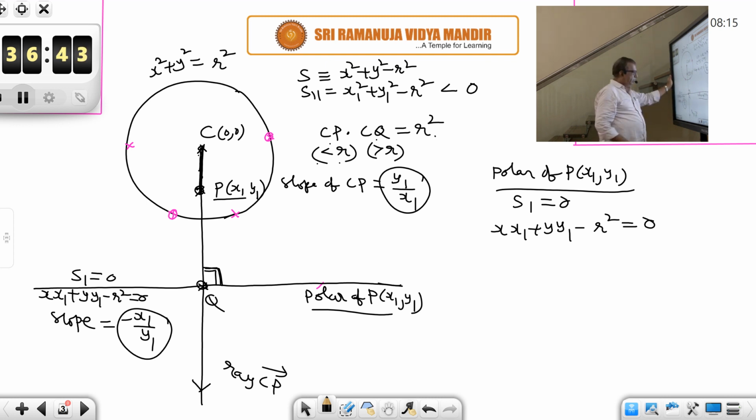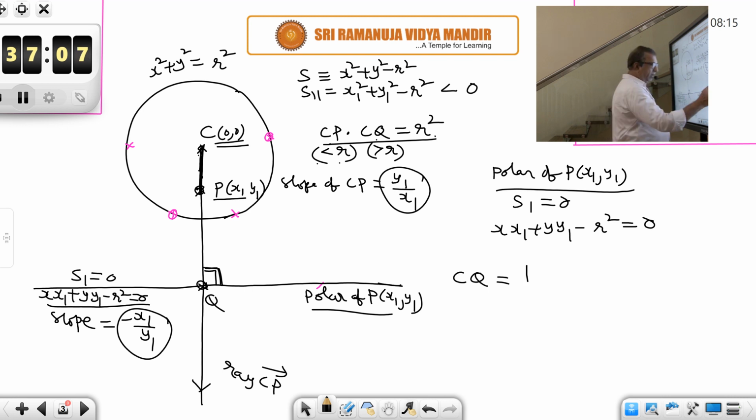So what is CQ? Let me, CP into CQ is equal to r square. Let us see. What is CQ? CQ is nothing but distance from the origin to this line, xx1 plus yy1 minus r square is equal to 0, perpendicular line. What is CQ? From origin to any line, distance is mod C by root of x1 square plus y1 square, that is mod of minus r square by root of x1 square plus y1 square.